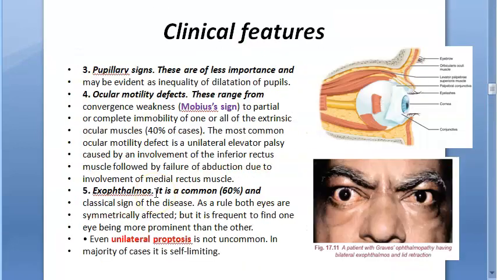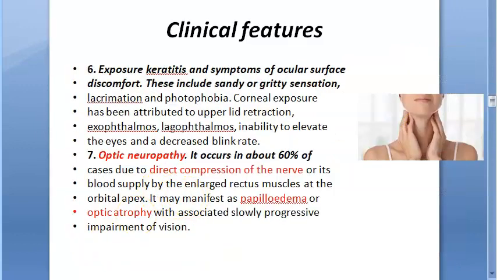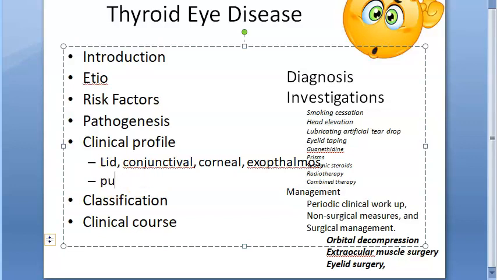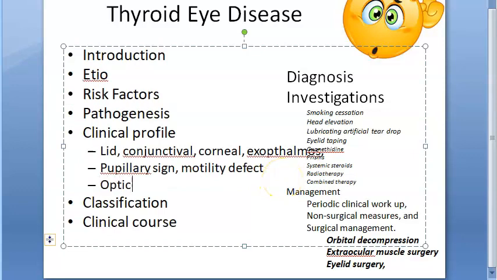Pupillary signs, motility defects, because of which they can have diplopia, right? Did I forget anything else? Oh yeah, optic neuropathy. All these are the clinical profile.